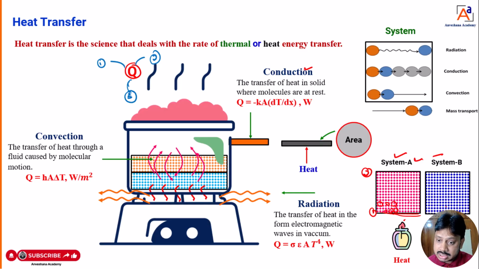But during that heat transfer, the molecules will be at rest. They will not at all move. They may vibrate, but they will not move. If they take heat from the high temperature region, then they pass it on to the next set of molecules. But the molecules are at rest. They will not move, but they may vibrate.